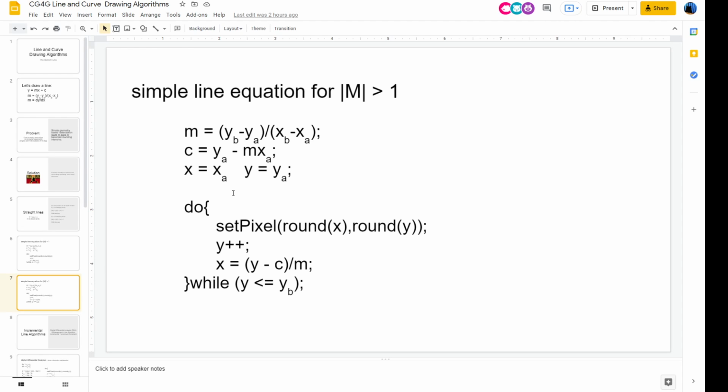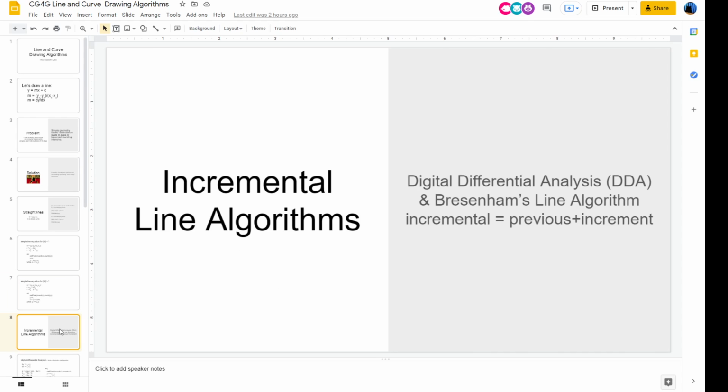This was quickly replaced in computer graphics because floating point arithmetic was so expensive. Nowadays, not as much, but when you want to optimize, a lot of graphics cards actually don't use these methods because they want to be very fast. You want to do things as efficiently as possible. The idea came along to use something more incremental, where we could avoid a bunch of the multiplications or avoid the rounding.